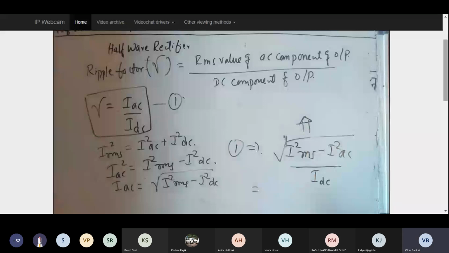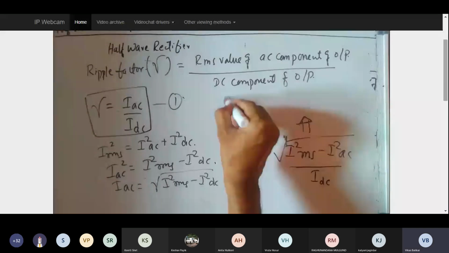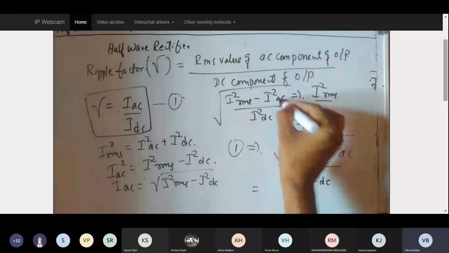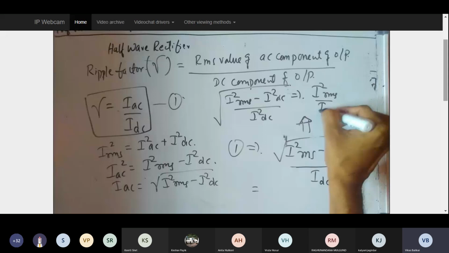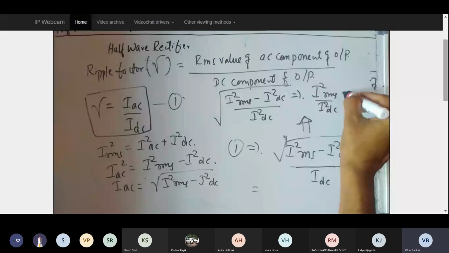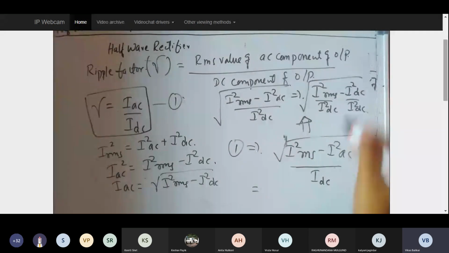If I do the simplification, I square RMS upon I square DC minus I square DC upon I square DC, under root. So this will cancel out. Now what is left? Under root of I square RMS upon I square DC.